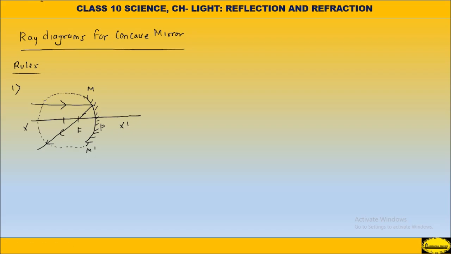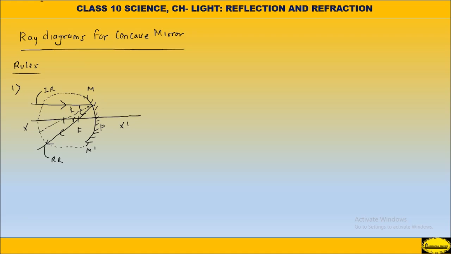So this line represents the incident ray, this line represents the reflected ray. Now I can draw the angle of incidence. This dotted line represents an imaginary line which is passing through the center of curvature. So here the angle is the angle of incidence, here the angle is the angle of reflection.